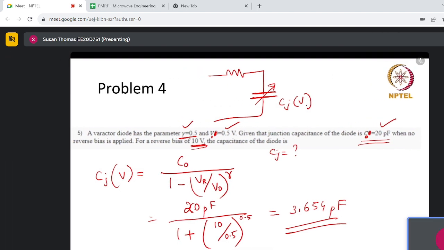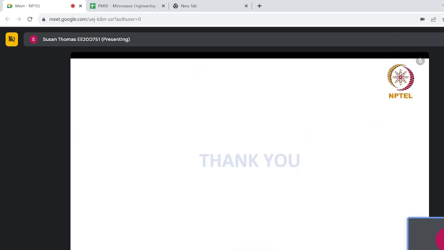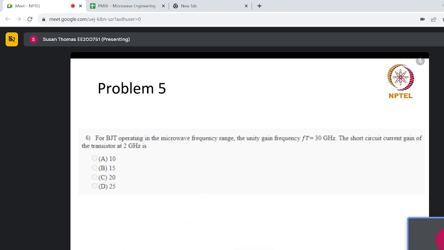So if there are no doubts, I have one more question in my question bag. We'll just finish that question, and if you have any other doubts, you can ask. The last question is, for a BJT operating in the microwave frequency range, the unity gain frequency FT is 30 gigahertz. Find the short circuit current gain of the transistor at 2 gigahertz.